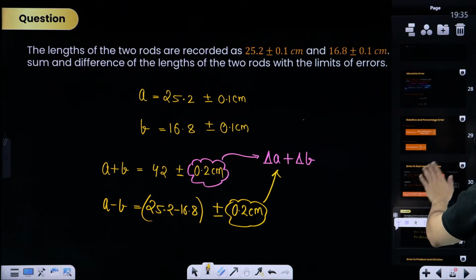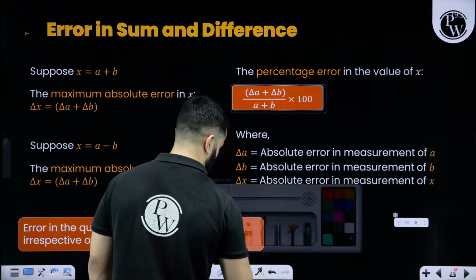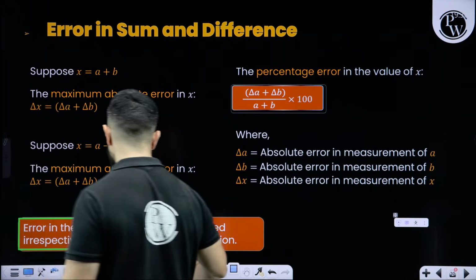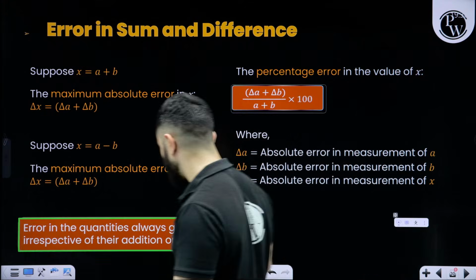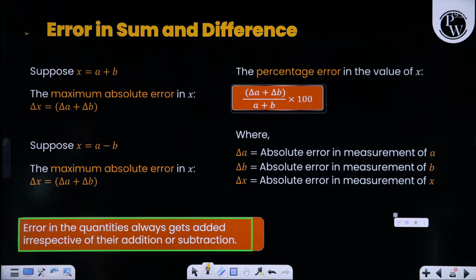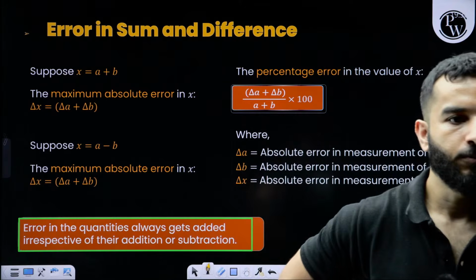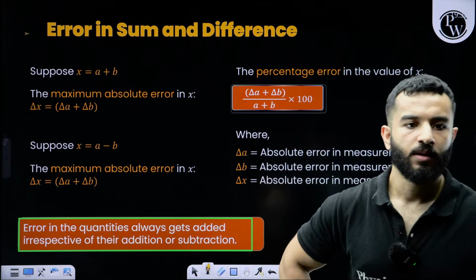This is what it means, right? And we have got a note also over here. The note is something like this: the errors in the quantities always get added irrespective of addition or subtraction. Done? Irrespective of addition and subtraction. Any more doubt? Clear? Be quick.